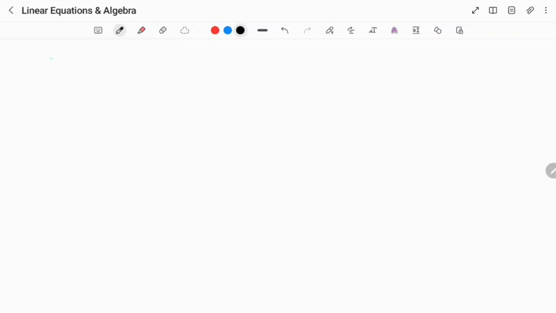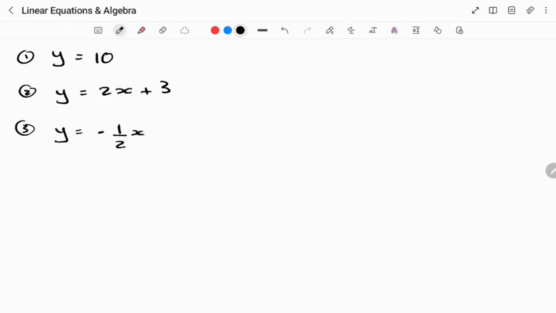Some examples of linear equations could be y is equal to 10, y is equal to 2x plus 3, or y is equal to negative a half x.